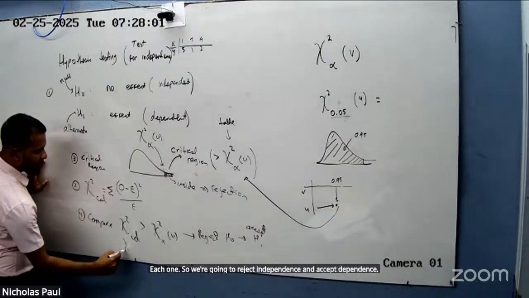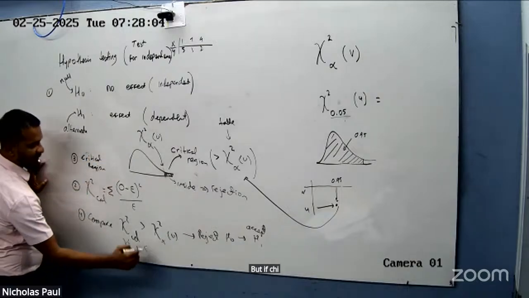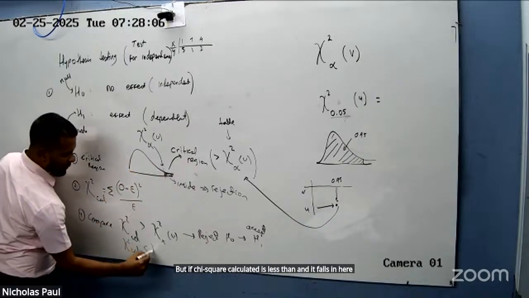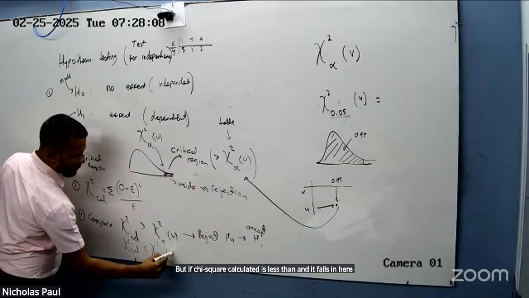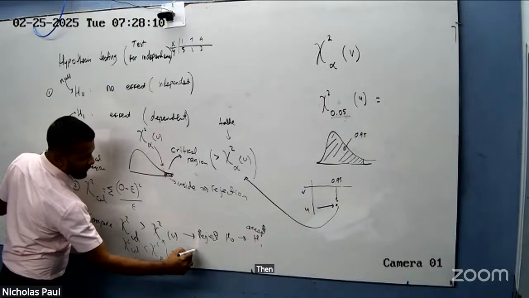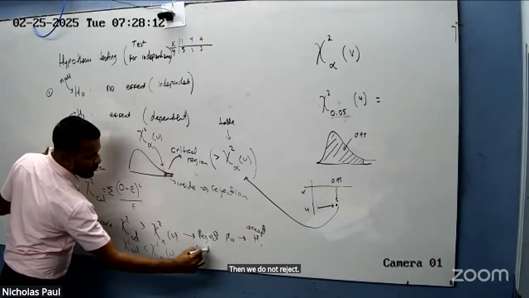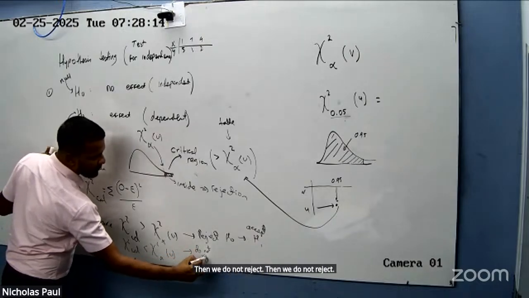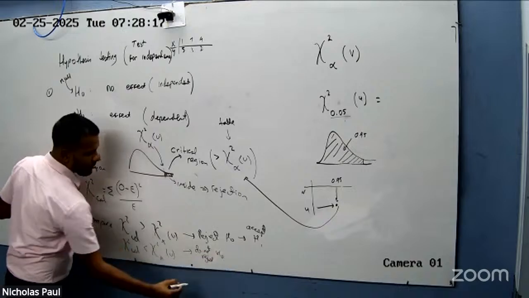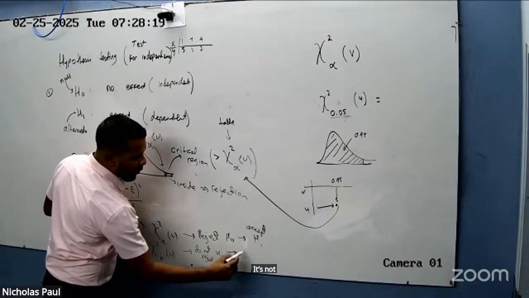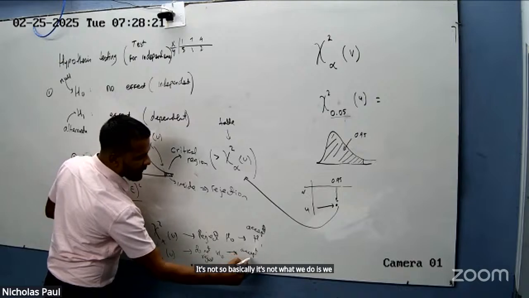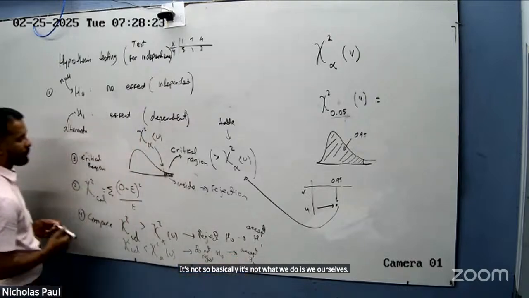But if chi-squared calculated is less than, and it falls in here, then we do not reject H0. So basically, what we do is we accept H0. All right?